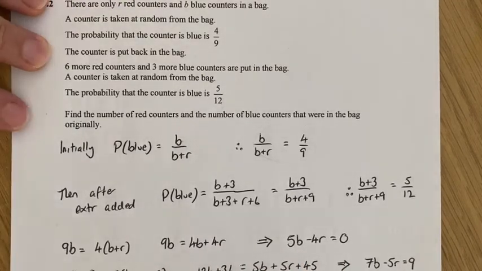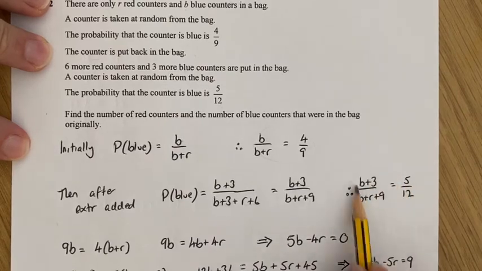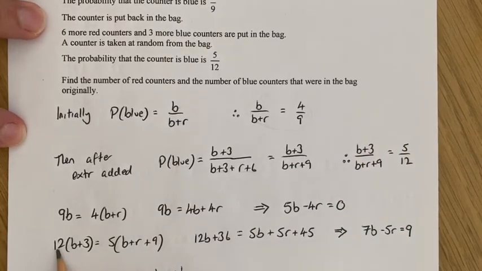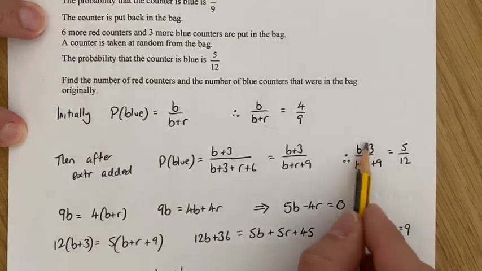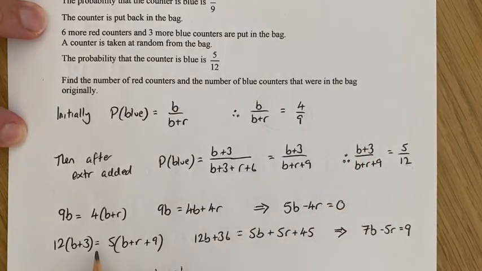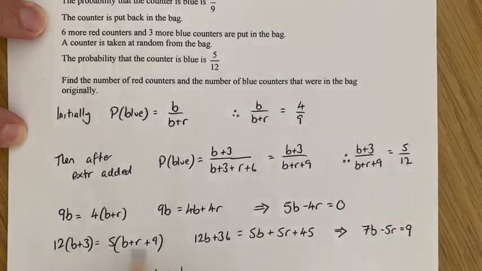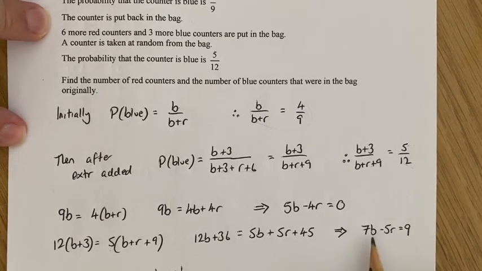Then I've done exactly the same thing with this one, the diagonal multiplication. We get 12 lots of B plus 3 must be equal to 5 lots of B plus R plus 9. Then I've tidied it up the same way: multiplied out both sets of brackets and set it so I've got my B's, my R's, and then the constant term, the number term, on this side.